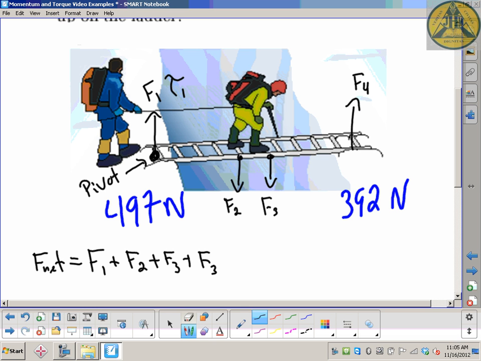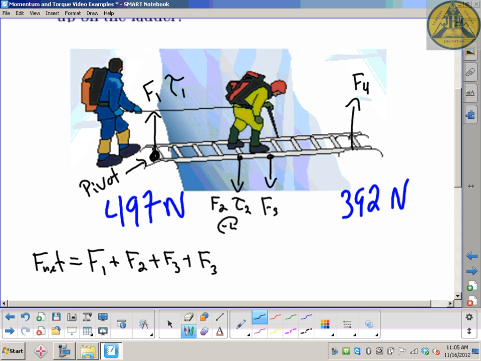So torque 1 at the pivot point will be a 0 torque. F2, on the other hand, will be a torque, and it would make this rotate clockwise. So that would be a negative torque value. So I've got F2, I've got a torque 2, and it would make it rotate clockwise.